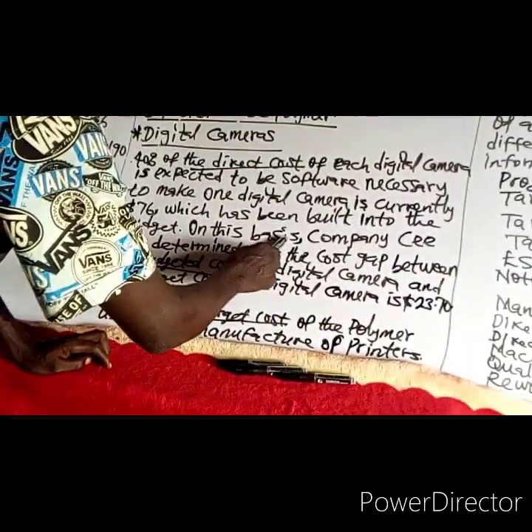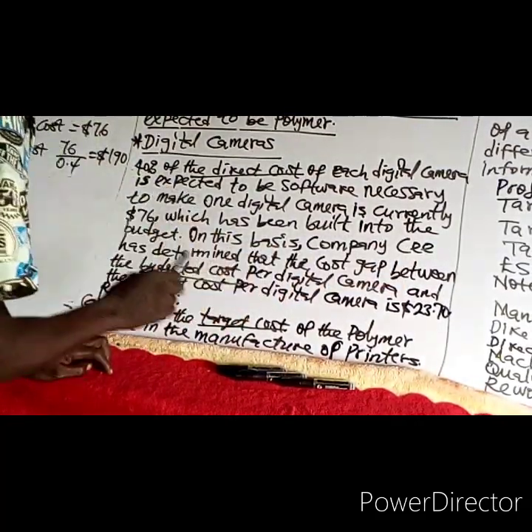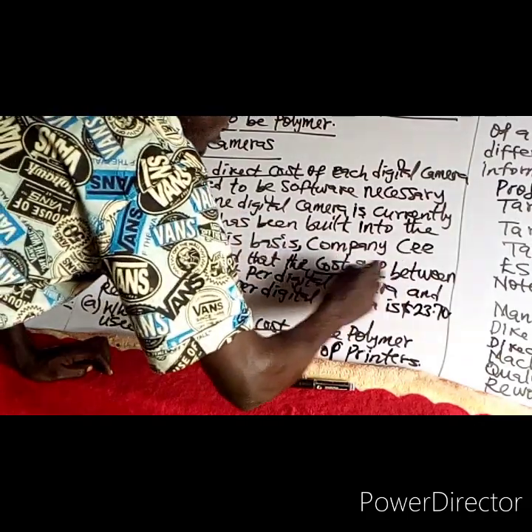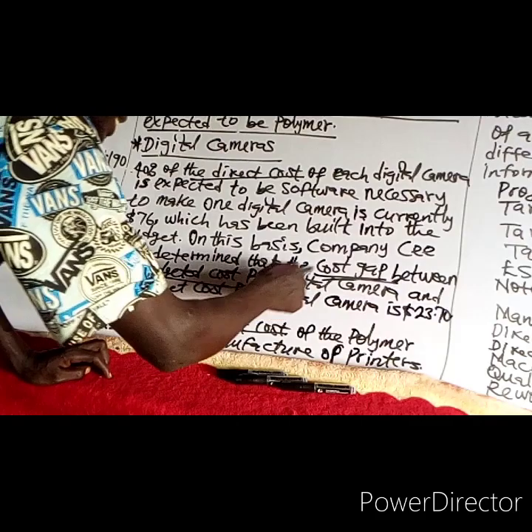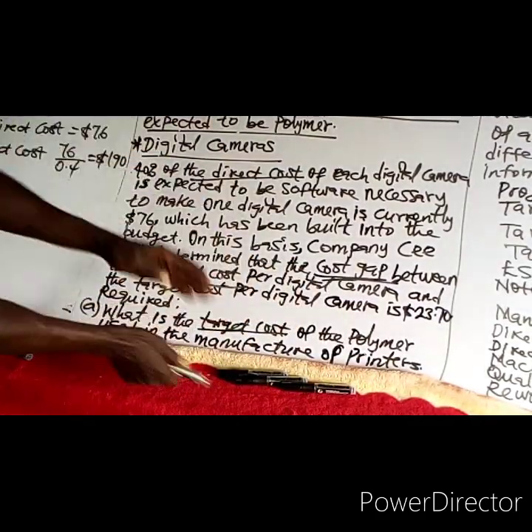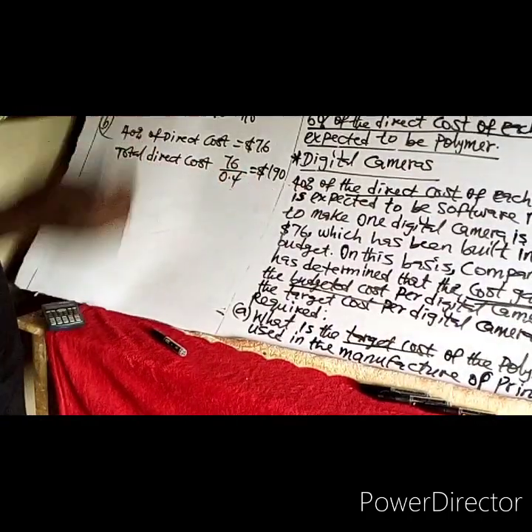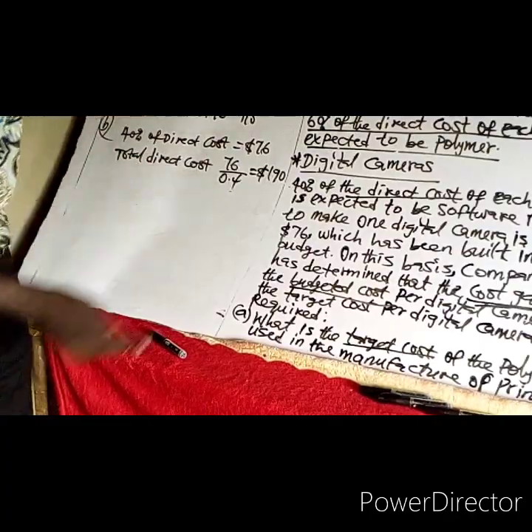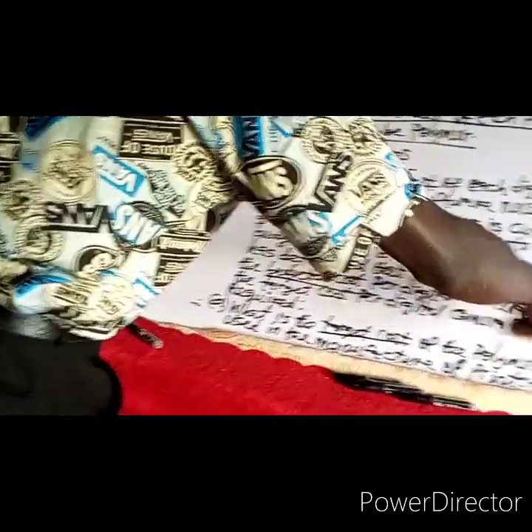I repeat, on this basis, company C has determined that the cost gap between the budgeted cost per digital camera and the target cost, and our budgeted cost is the direct cost. The cost gap, the amount by which the budgeted cost exceeds the target cost, is $23.70. That is the cost gap.